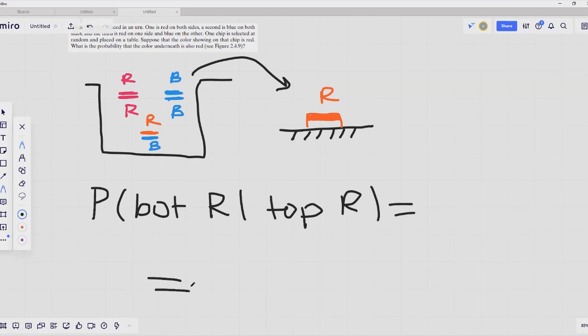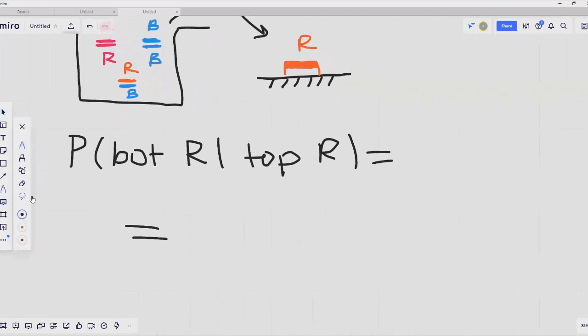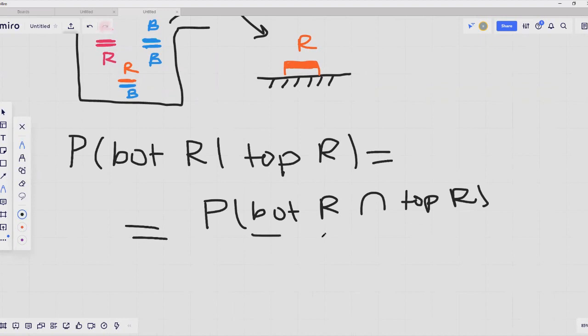which might be expressed as the probability that the bottom color is red, intersection with the top color being red, divided by the probability that the top color is red.